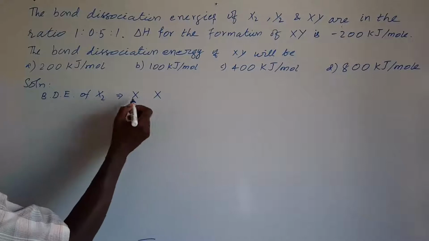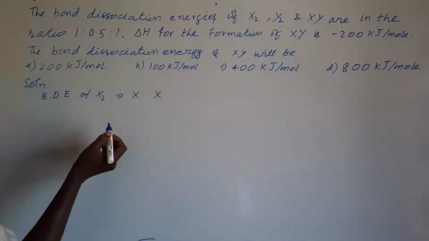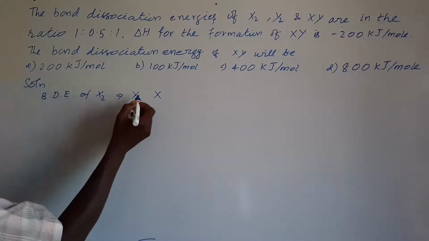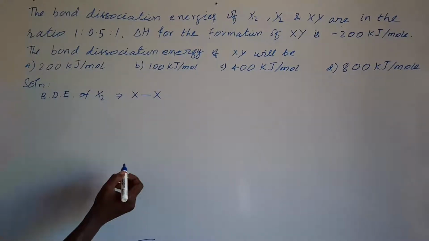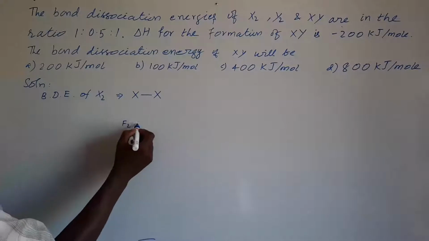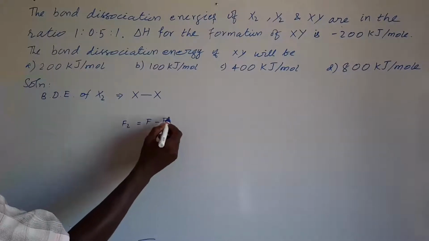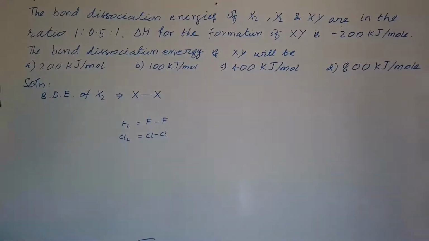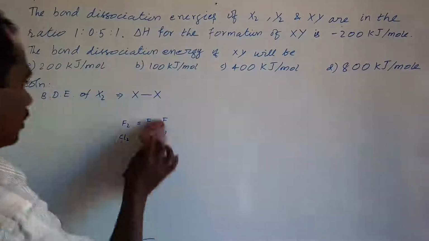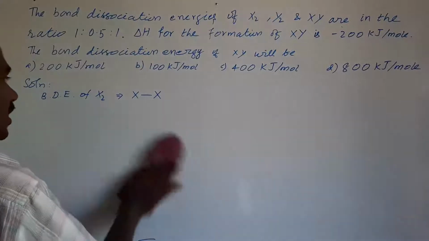X2 contains 2 X atoms. X is mostly halogen. Between halogen atoms single bond is possible. For example, F2 we will write F single bond F, Cl2, Cl single bond Cl, and so on. So X2 is nothing but X single bond X.